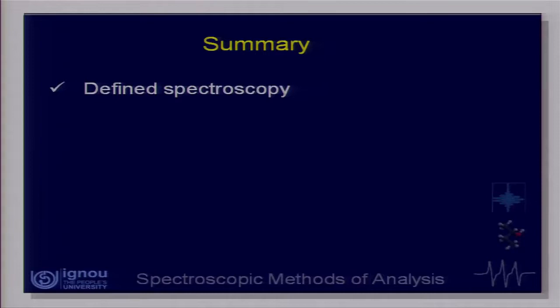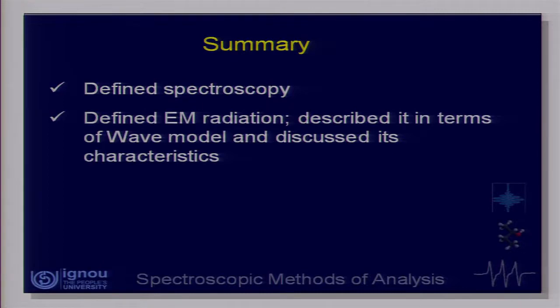Now, let us sum up what we have done today. We started by defining spectroscopy as the study of the interaction of radiation and matter. Thereafter we took up the first part, the nature of radiation, and in this context we defined electromagnetic radiation in terms of the classical or wave description and discussed its characteristics.